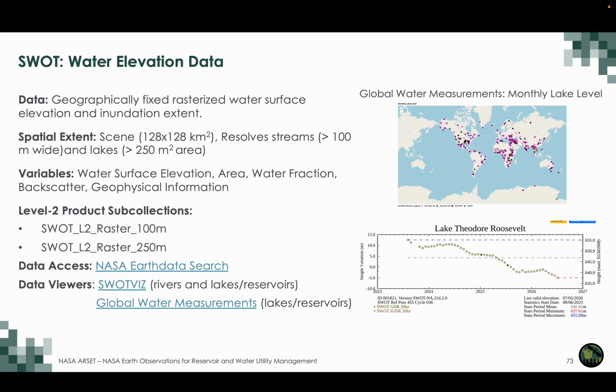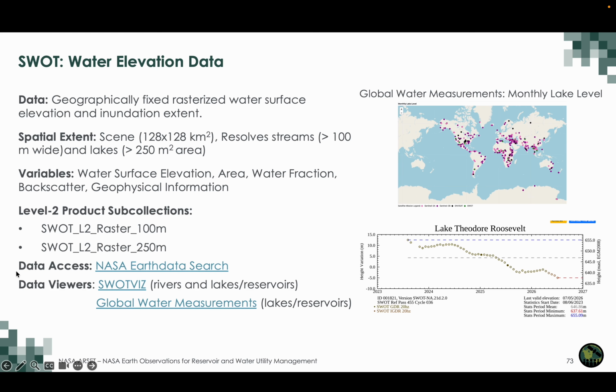It's much higher resolution than what was available earlier, which could only sense lakes which were about several kilometers large, and no rivers were sensed then. These are level 2 products for rivers and for lakes.